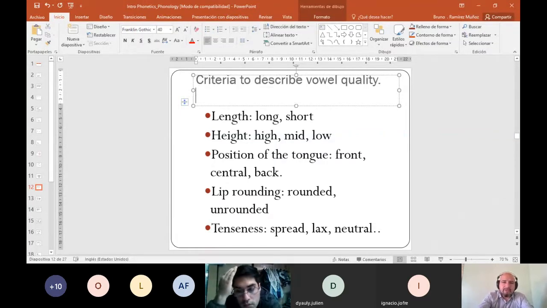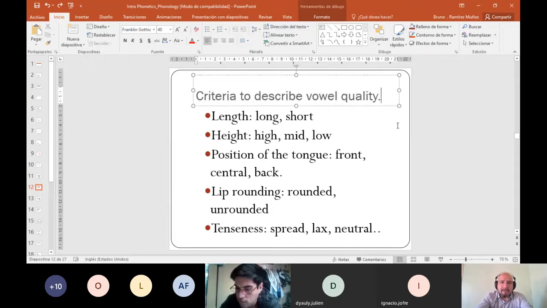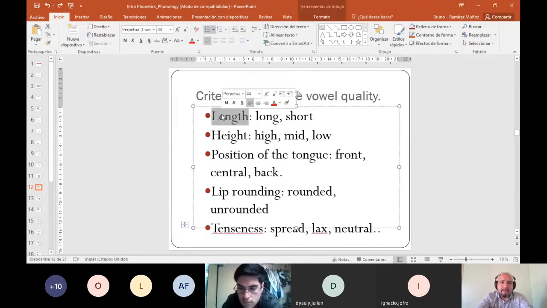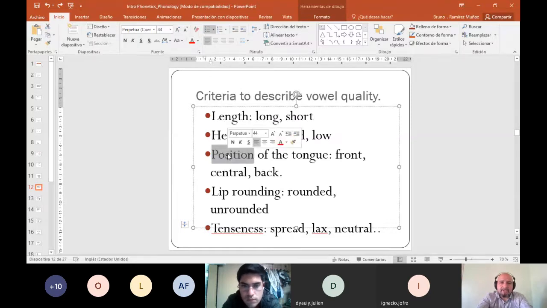Okay, so I want you to remember the criteria to describe the vowel quality. Remember length, height, position of the tongue, lip rounding, and tenseness.